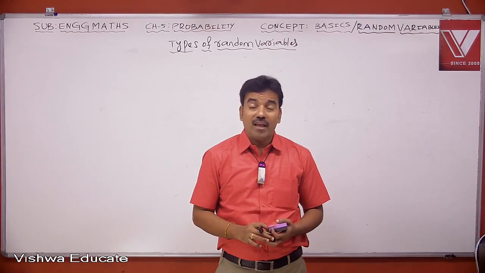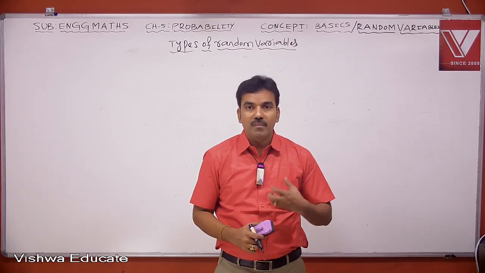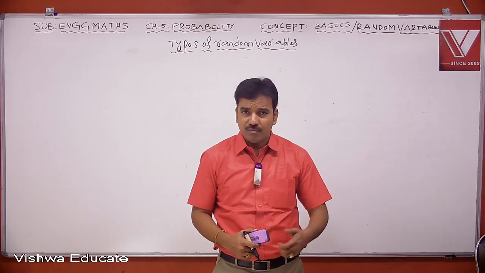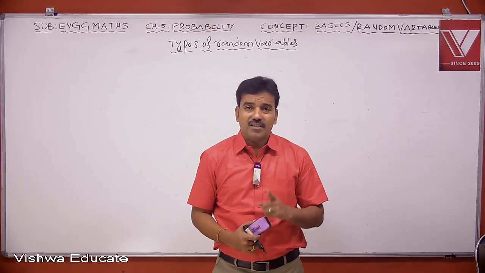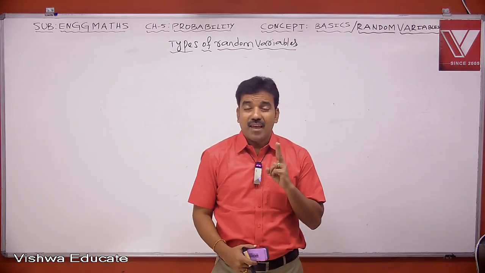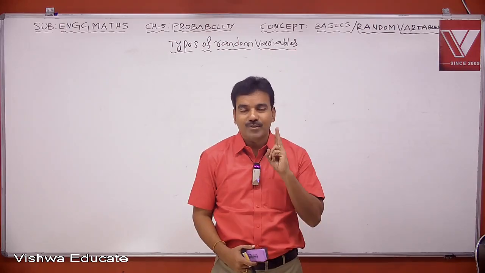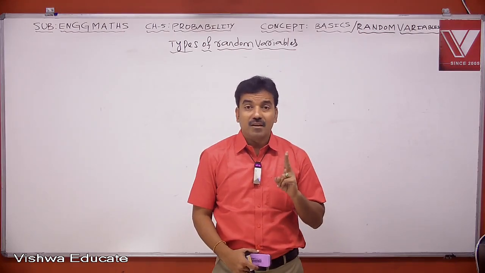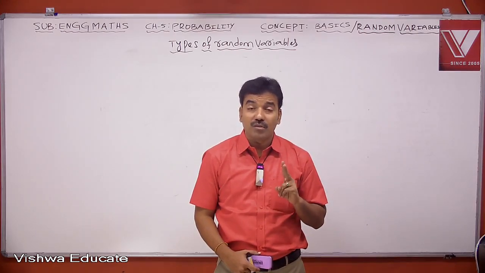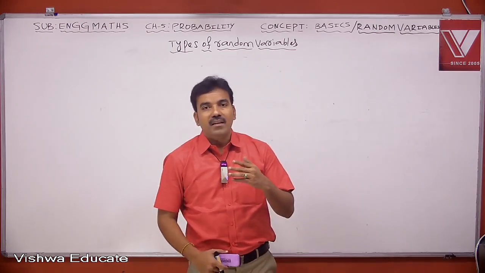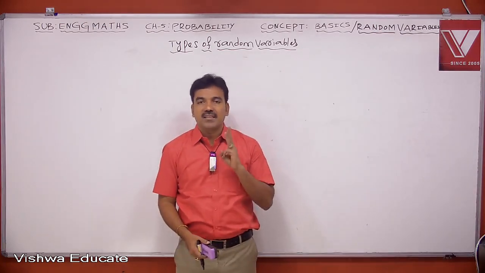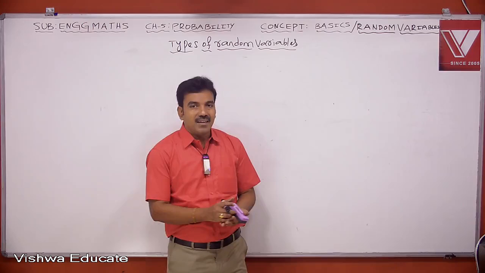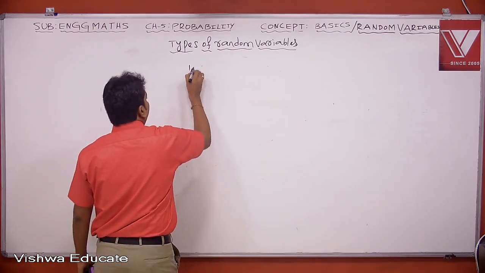If x takes finitely many sample points, a limited number of sample points, as we have seen in the examples just now: in the first example, we have two sample points, x may take either head or tail. In the second example, x is taking 6 sample points, 1, 2, 3, 4, 5, 6, related to die. In the third example, x is taking 3 sample points. But in all the cases, x is taking finitely many sample points.